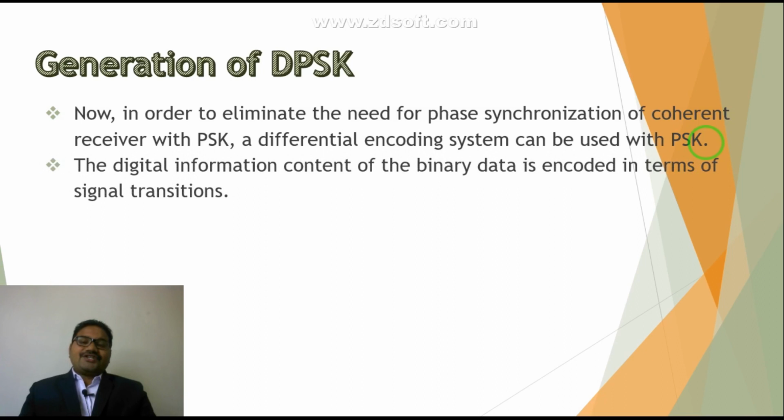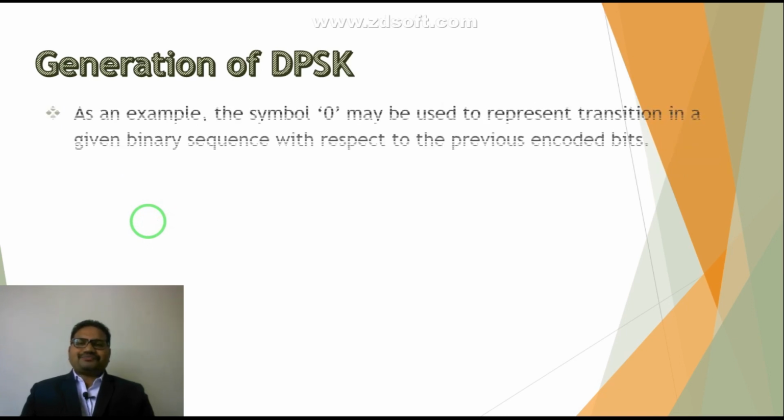So the digital information content of the binary data is encoded in terms of signal transition. I repeat, please pay attention: the digital information content of the binary data is encoded in terms of signal transition, because over here the phase is going to change.